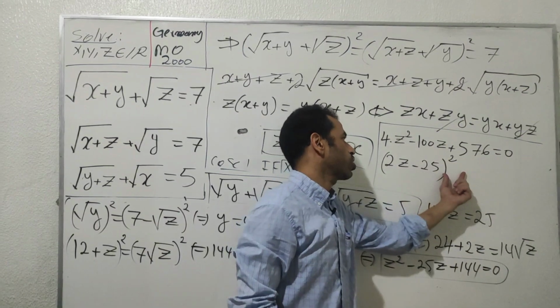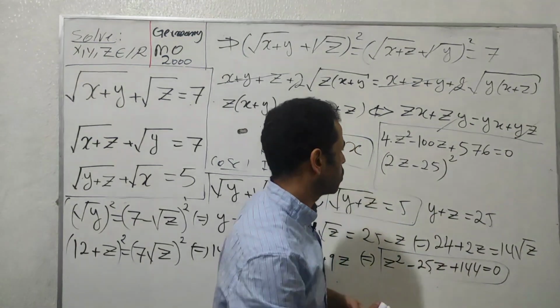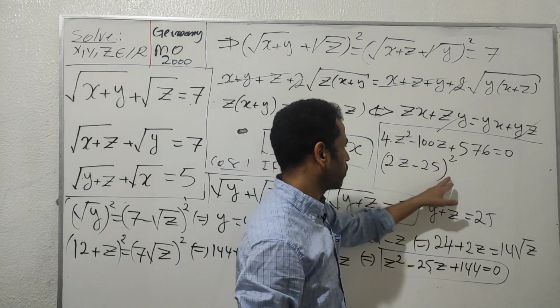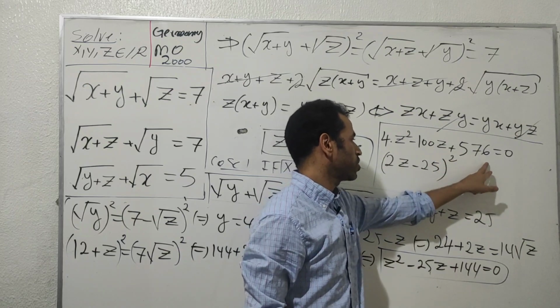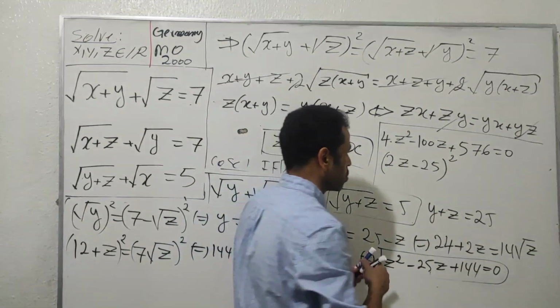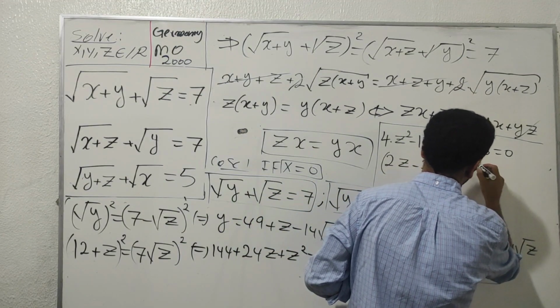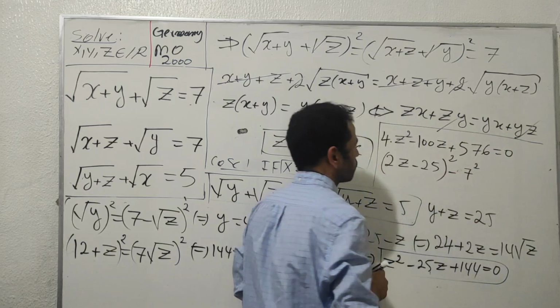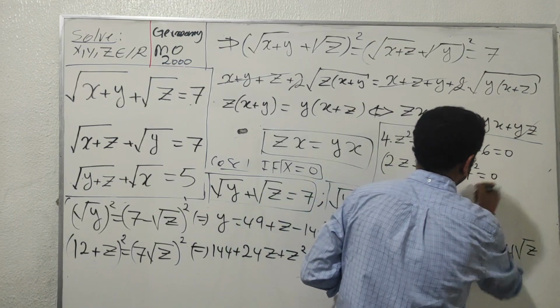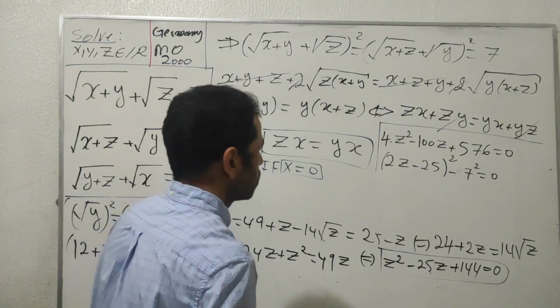We need to subtract a number in order to get this one, so from 625 to 576 we need to subtract 49, so minus 49, which is the same as 7 squared, equals 0. So we get a difference of two squares here, so I'm going to factor this one out.